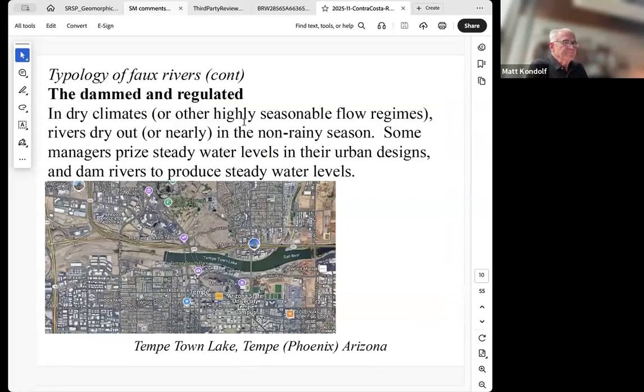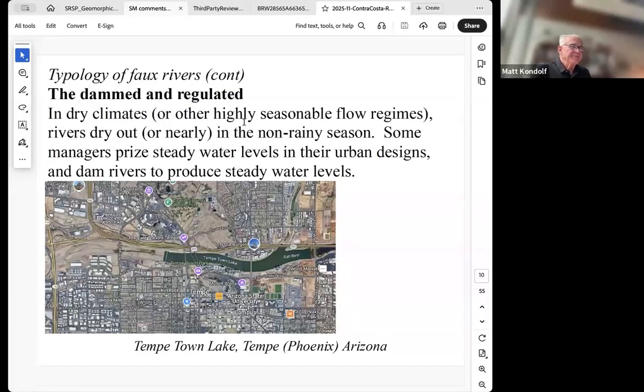Another kind of faux river that you could identify would be the dammed and the regulated. And this is pretty common in dry climates or other places where you have very seasonal flow regimes. Rivers will dry out in the non-rainy season, or nearly so.